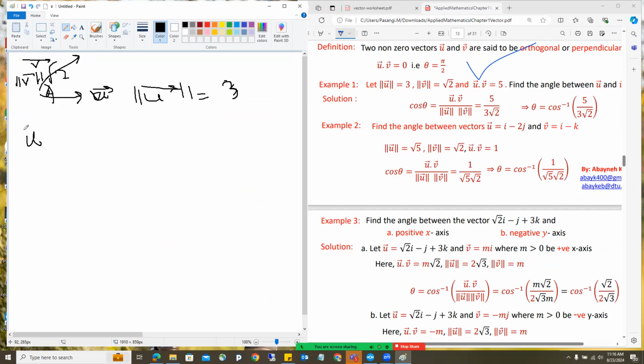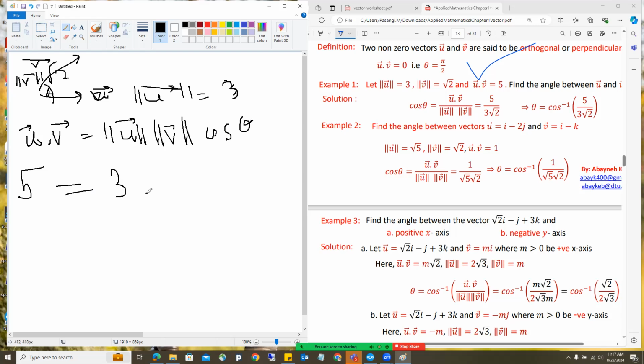Then you can apply the rule: u dot v equals magnitude of u into magnitude of v into cos theta. U dot v they have given as 5. So 5 equals modulus of vector u, that is 3, into modulus of vector v, that is square root 2, into cos theta.